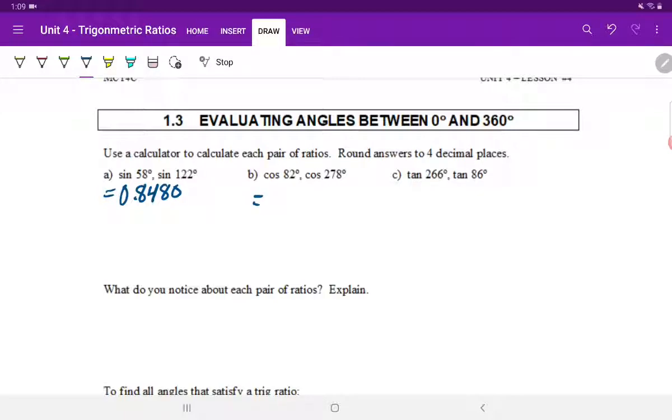The cosine of 82 and cosine of 278 also equal the same value. Again, this exercise is just to show you that there's always two answers for the same ratio. Okay, and then tan 266 and tan 86. Okay, right there. All right, let's move on.